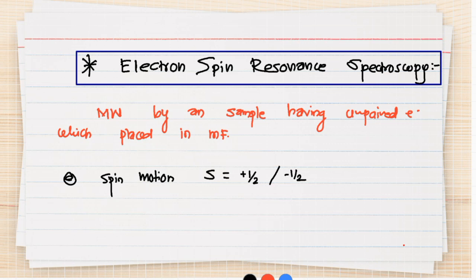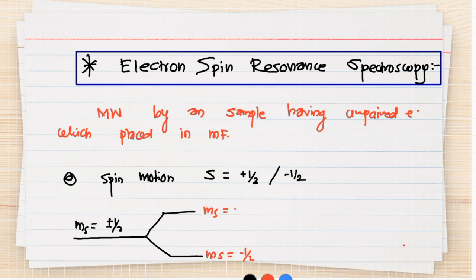When you place that sample in the magnetic field, the two spin states are split, and you get two spin orientations, where one is aligned with the magnetic field and one is opposite to the magnetic field.